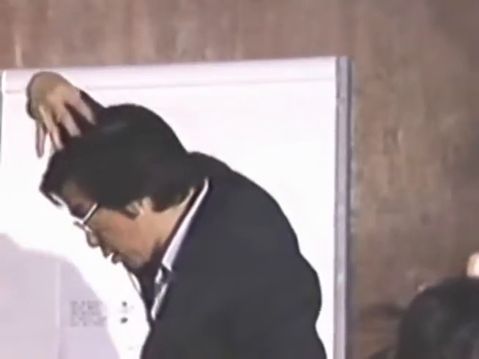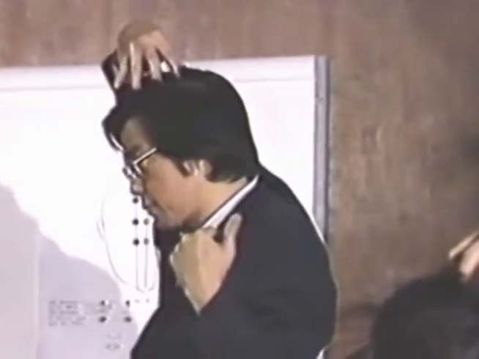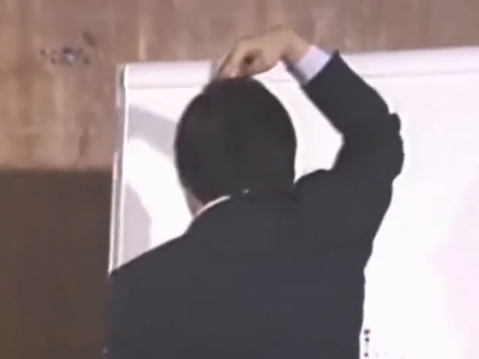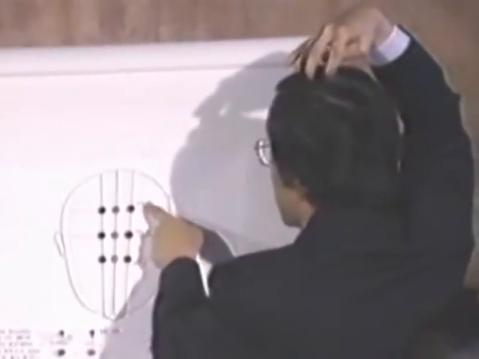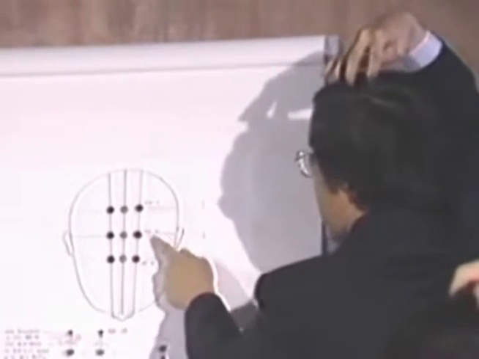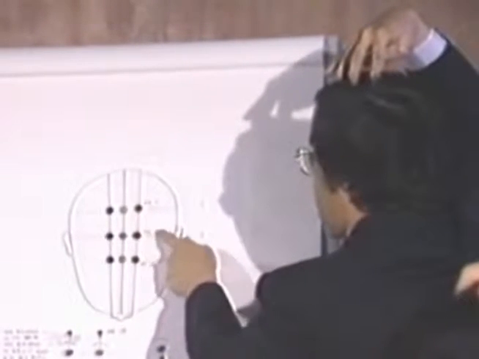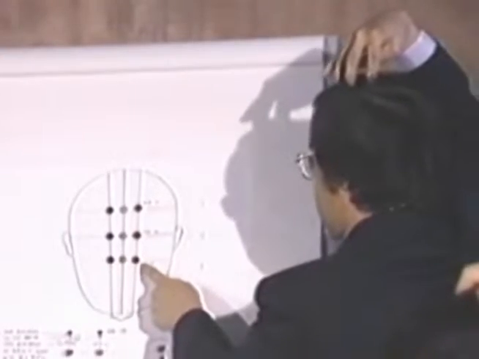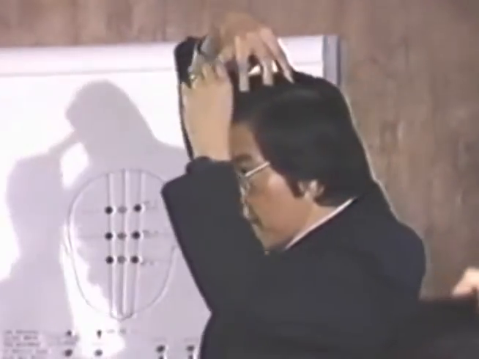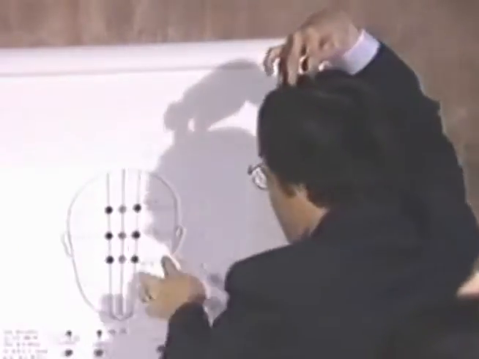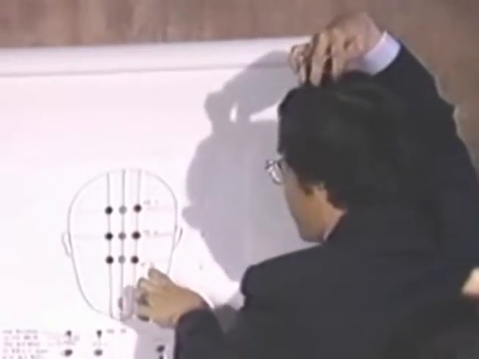So your index finger is going to point on the back point, on the back. That's going to coordinate with gallbladder 17, and the middle finger is going to be gallbladder 16, and the fourth or the ring finger is going to be gallbladder 15.